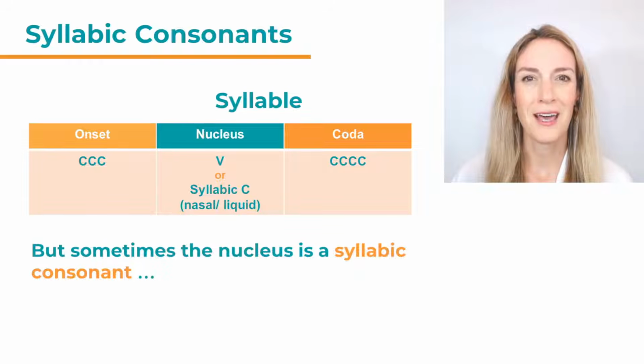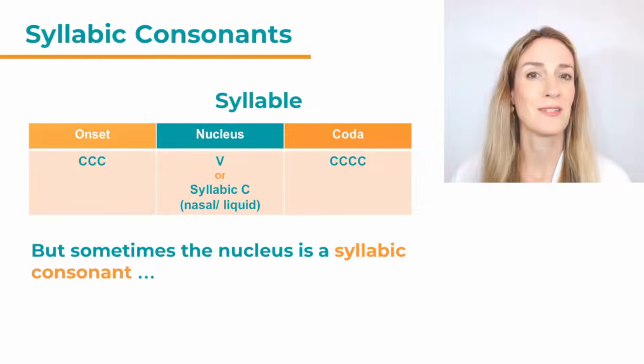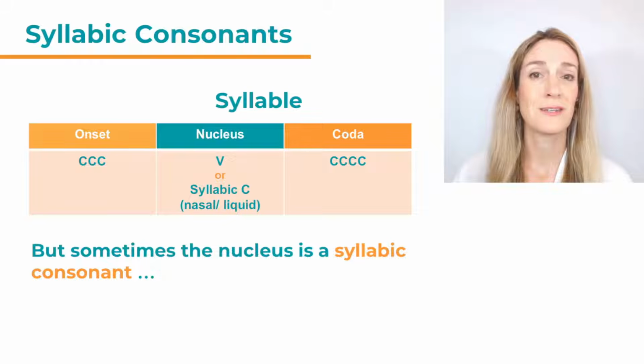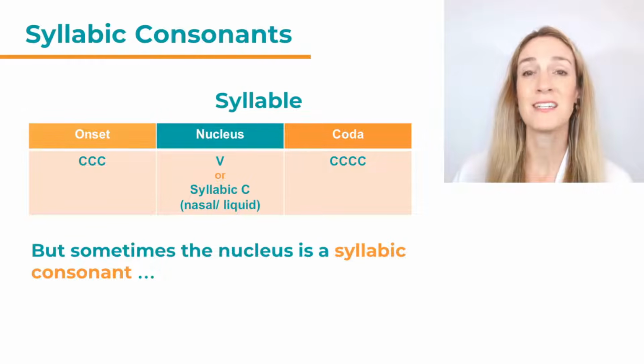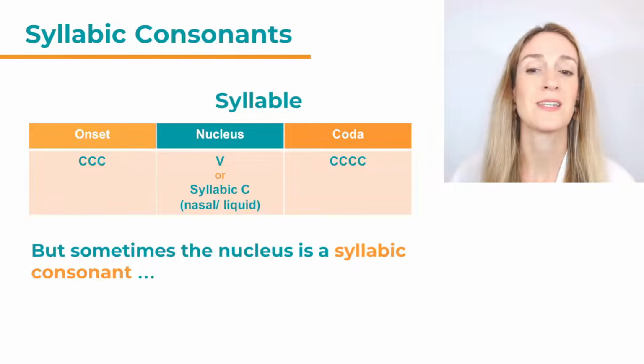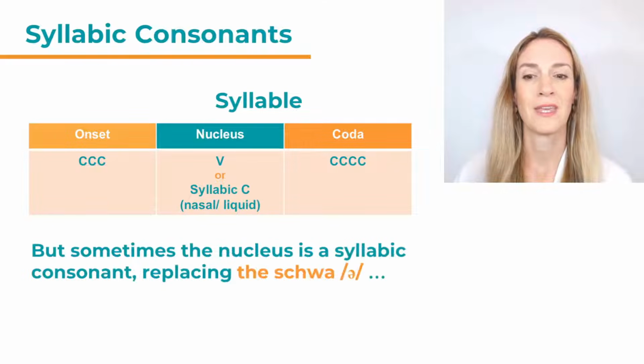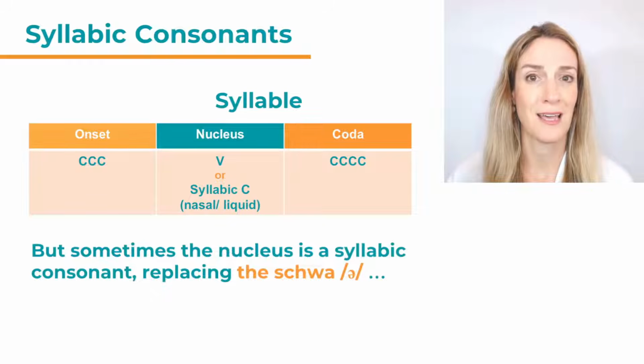But sometimes the nucleus is a syllabic consonant, so this is a new thing now. Instead of a vowel, we have a very special consonant called a syllabic consonant. Now, it's usually replacing the schwa sound.